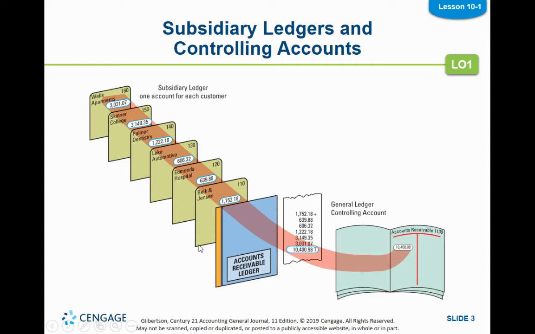So when we look at it, we have a list of all the accounts receivable accounts, every customer that has bought on account from us, what they owe us. Those all added together should equal the balance of the controlling account, accounts receivable, in the general ledger, just like we did with accounts payable, doing the same thing with accounts receivable here.